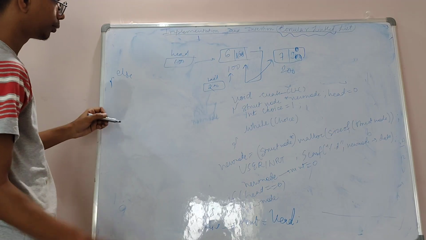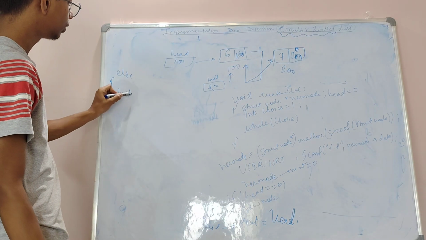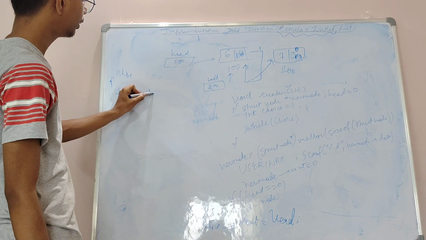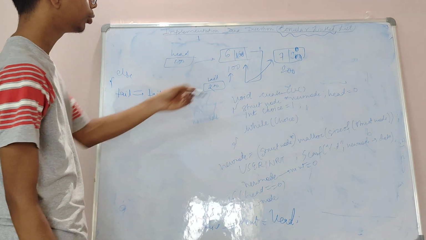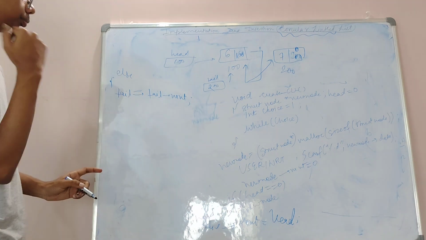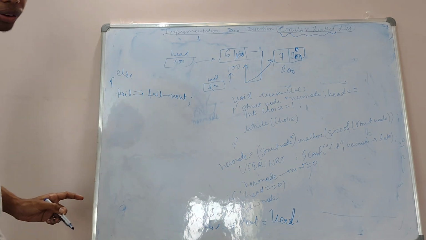So in the else part, with the help of tail next, tail is equal to tail next, so it will point there.